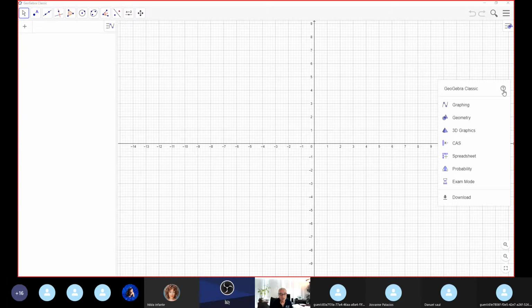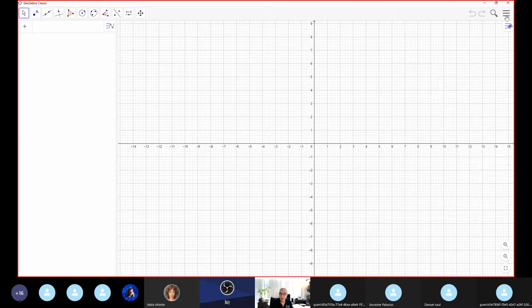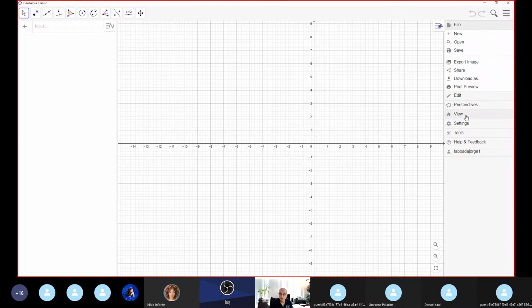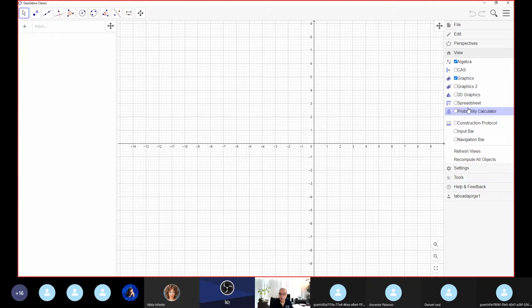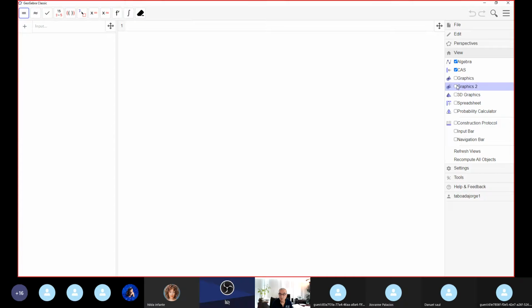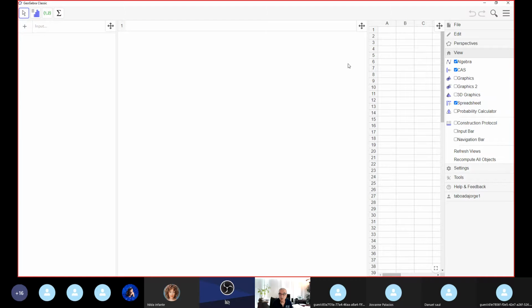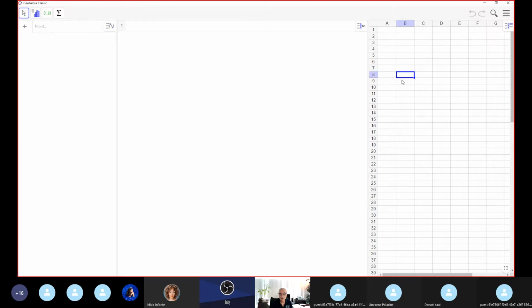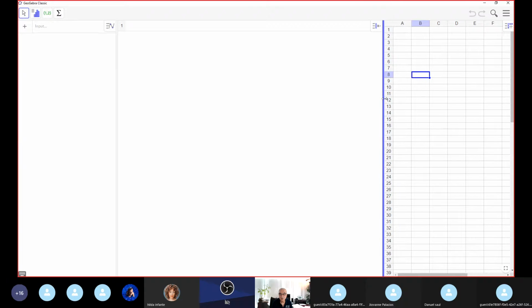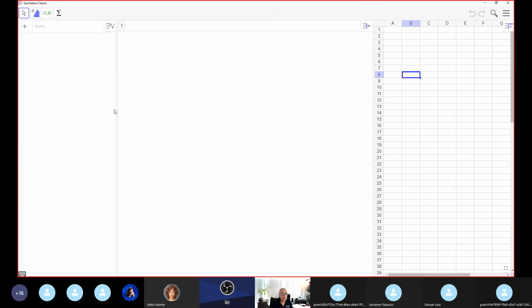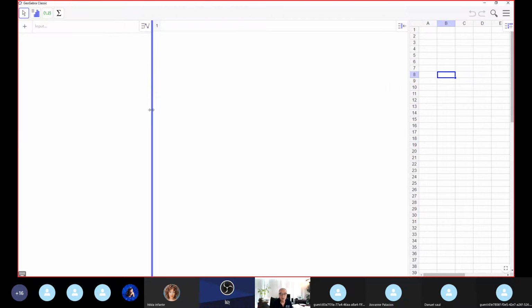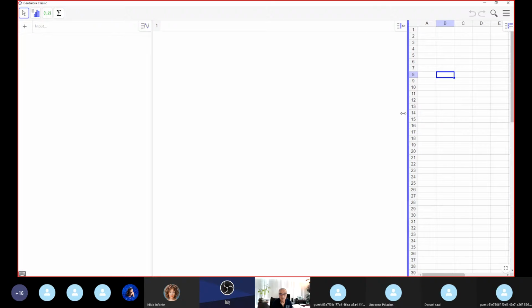When you open it, this is the environment. You click here and go to the View. In the View, you select the windows: algebra, CAS, no graphics, and spreadsheet. The spreadsheet works like a matrix editor. You put a number here, it gets counted, you transfer to the algebra and you solve everything.